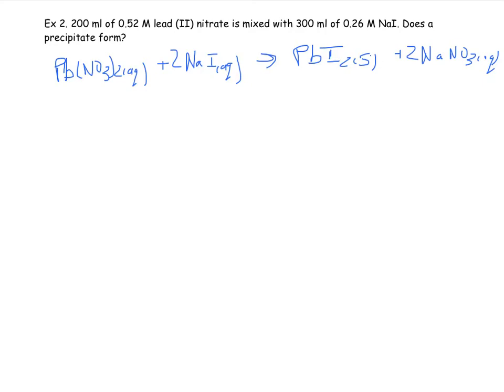Let's now look up the KSP of our insoluble product, PbI2. In Appendix B, it's listed as 9.8 times 10 to the minus 9.